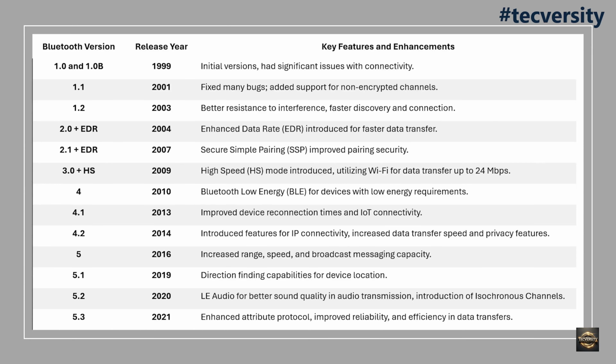Over the period, in 2003, 4, 5, they slowly included several features into Bluetooth, and currently we are using 5.3. Either this year or next year we may see a 5.4 or altogether a Bluetooth 6 version. We never know. The major differences are, like I mentioned, BLE and a lot of improvement in the reliability of the connection.